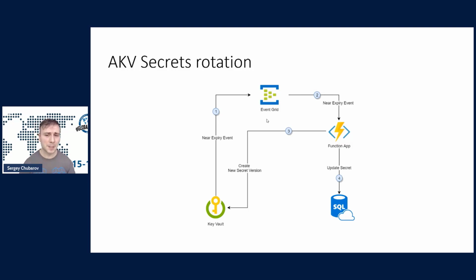And for these purposes, you may find the function on the Microsoft website. This function will automatically rotate those credentials. So it will change the secret in the Key Vault and the password in the SQL database. So the function, which is a serverless application, will rotate my credentials.